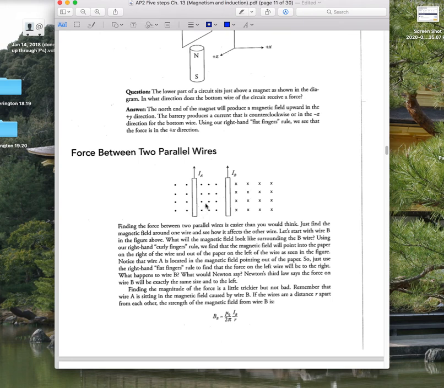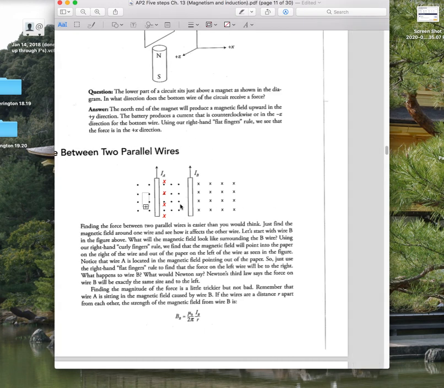In this case, I would actually have X's into the page caused by this thing if the current is going upward, and on the left side of the page I would have dots.